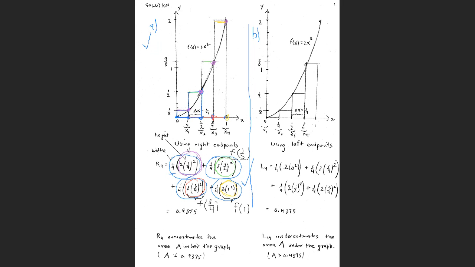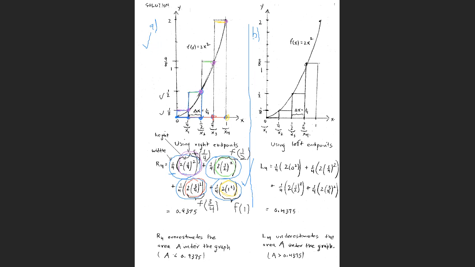And then the first value there was the value of the function f of 1/4. See, the function values at the endpoints determine the heights of the rectangles. So in this picture, how did I get 1/8?